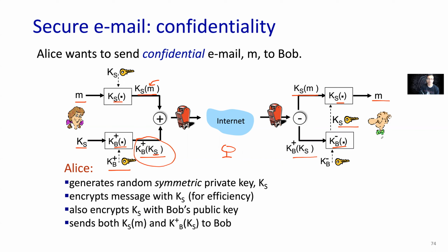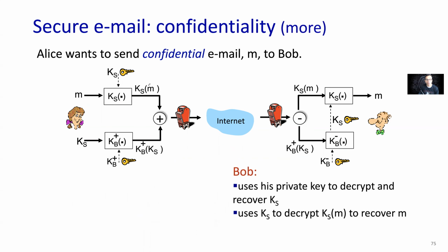The assumption is that a person's private key is only known to them. So Trudy here would not be able to extract KS, and as a result, she would not be able to read this email, right? So hopefully you see how this implements confidentiality.